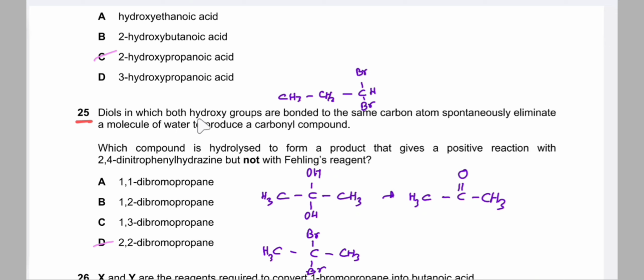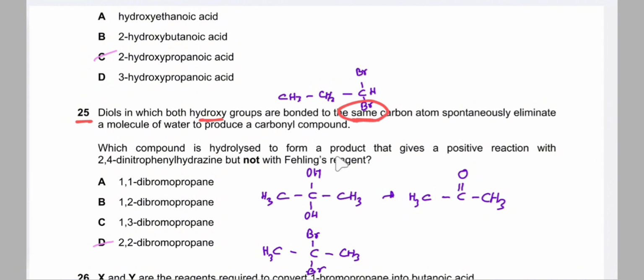Question 25. Diols in which both hydroxyl groups are bonded to the same carbon atom can spontaneously eliminate a molecule of water to form a carbonyl compound. So these are diols in which both hydroxyl groups are bonded to the same carbon atom. You have to remember this.